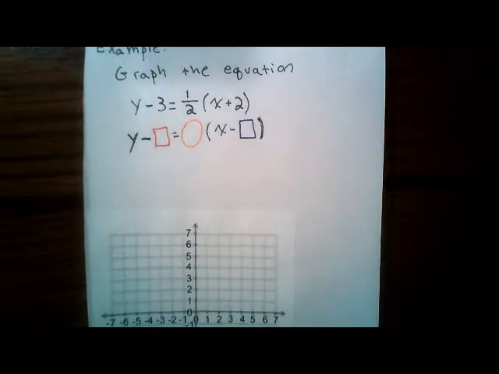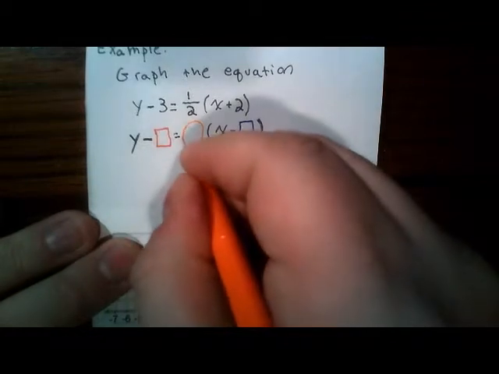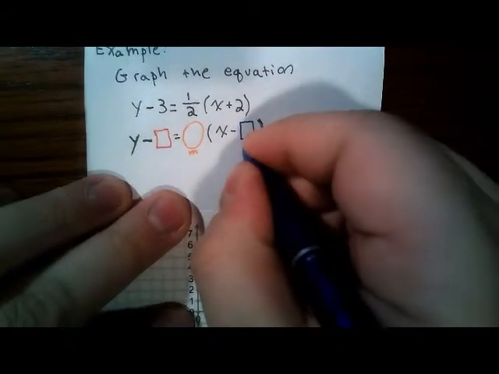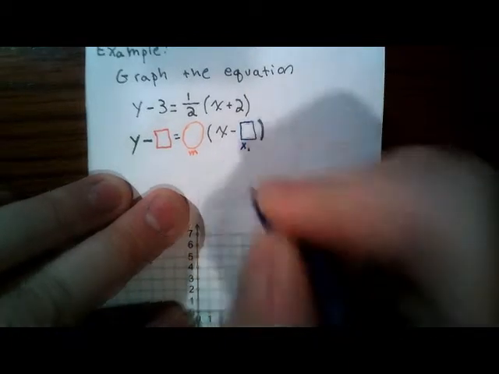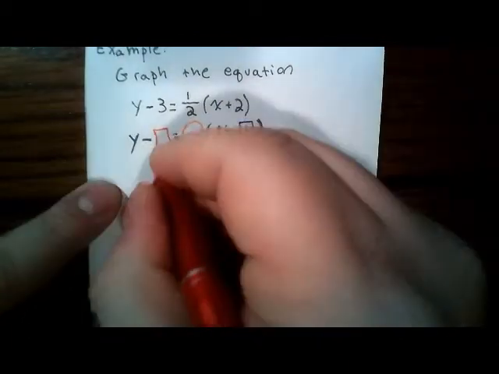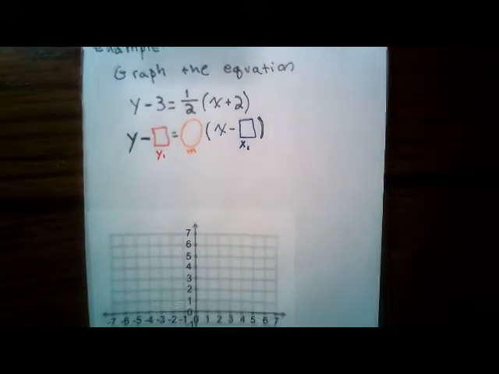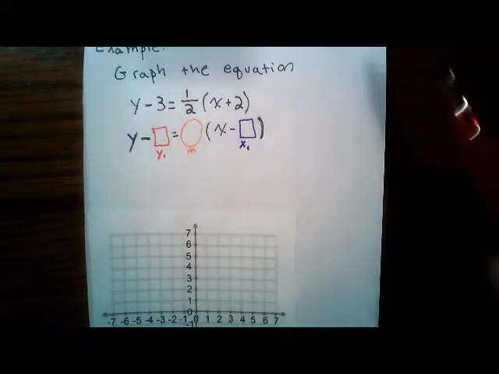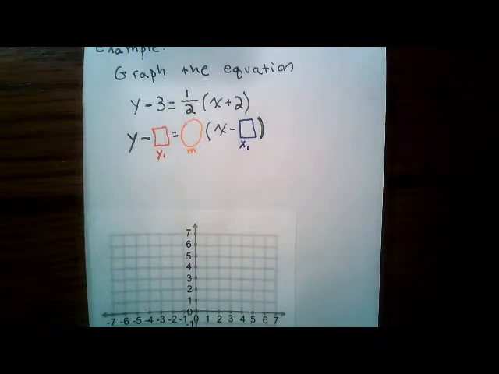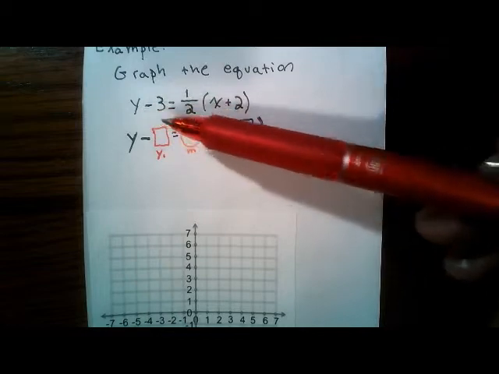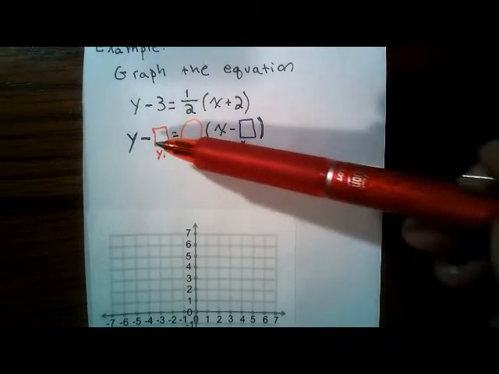So in my point slope form, this is my slope. This is my x1. This is my y1. Okay, so if you just always make these ovals and these squares, it's really going to help you with the graphing part. So what do I have to put in here?